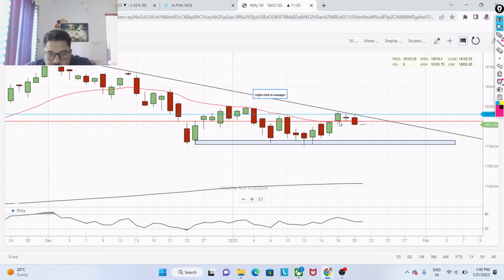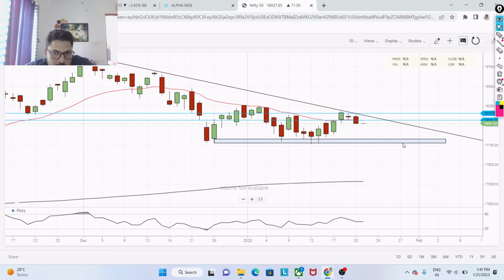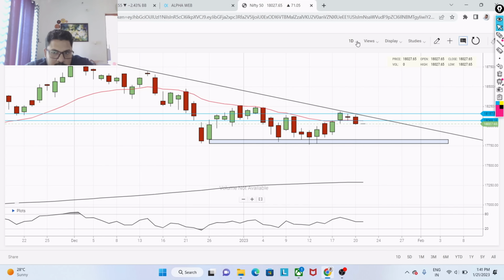Now we are at a level where the 20 period moving average is very critical, because if 20 holds the price and starts moving up, then that will give the direction of the market. As of now, you can see this 200 is flat and 20 is flat, which shows that it is in a sideways range. So we have to wait, or we can further drill down on a lower time frame.